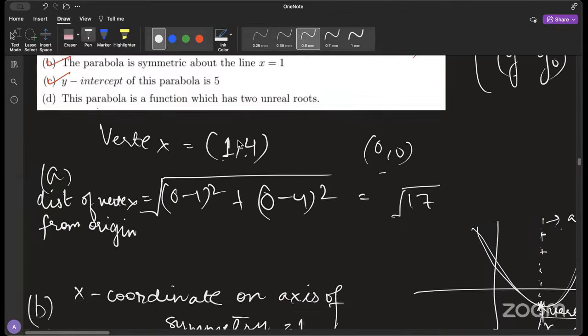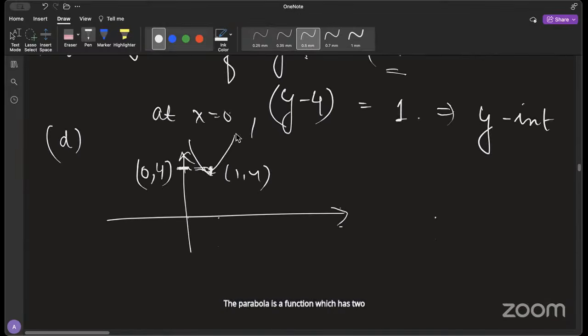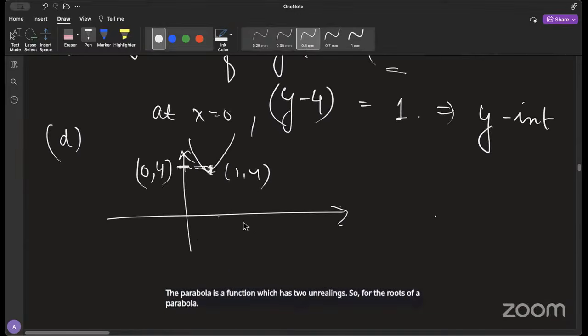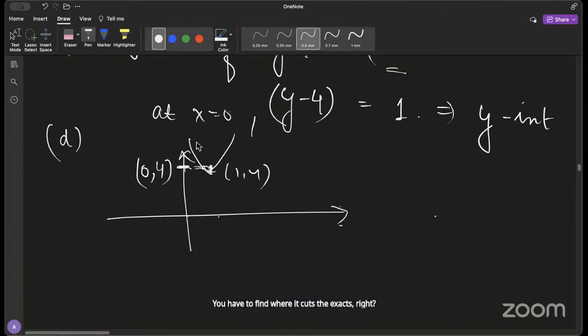The parabola is a function which has two unreal roots. For the roots of a parabolic equation, you have to find where it cuts the x-axis, right? And it does not cut the x-axis at all because it's going upwards. It cannot take values less than 4, right? That means it's never going to intersect the x-axis. In other words, if this is f(x), then f(x) can never be less than 4.